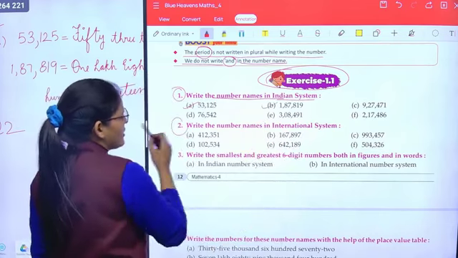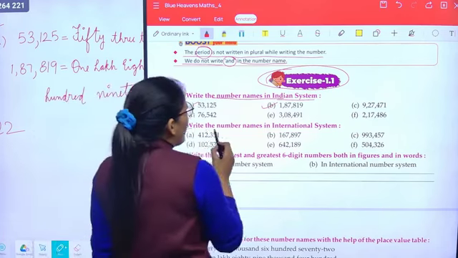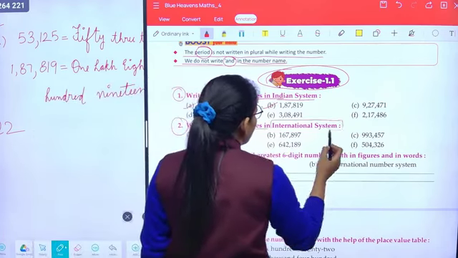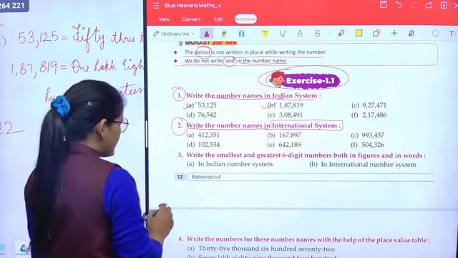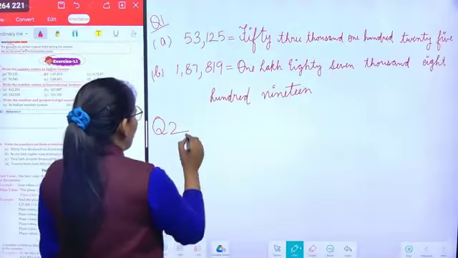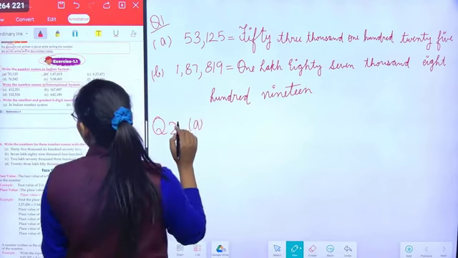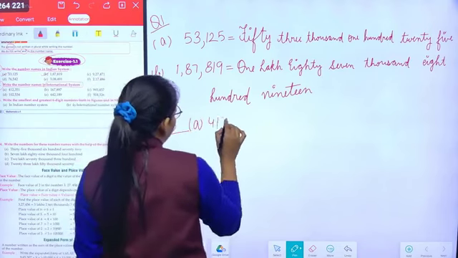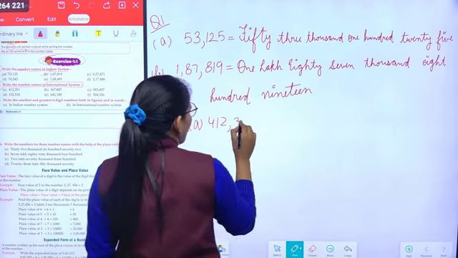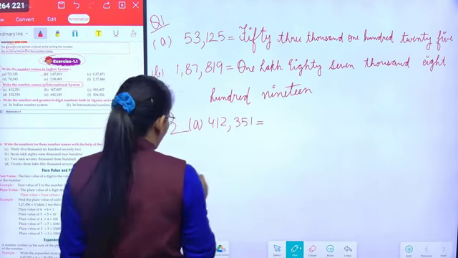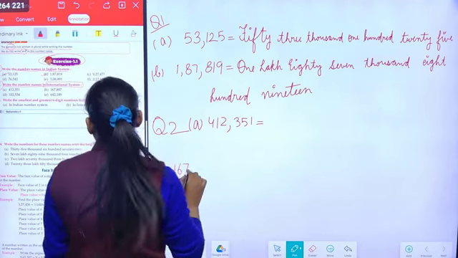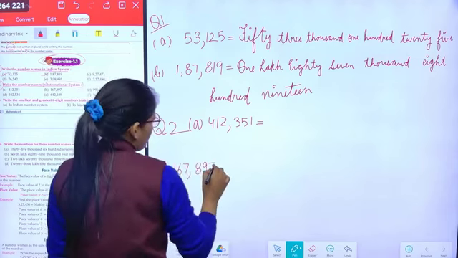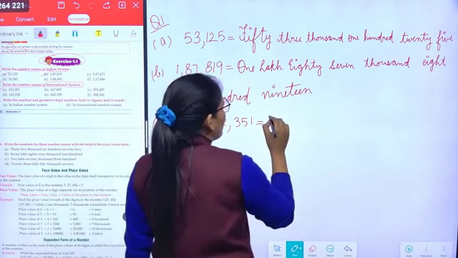Now come on the question number 2. Write the number names in the international system. See. Now A part is 167,097. Now it is class 4.